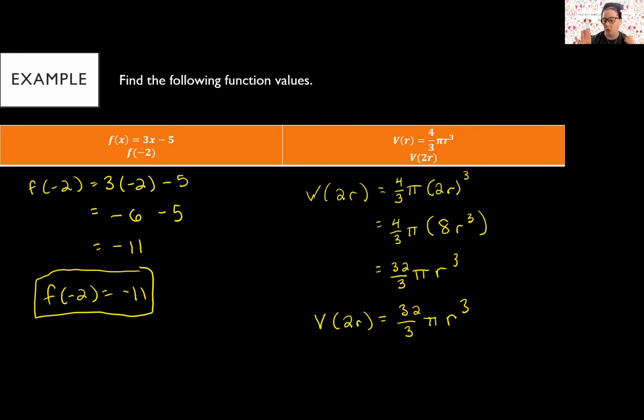What's nice about function notation in this case is that by writing 2r versus r on the left, you know you're getting the output for something that's twice the radius. It tells you specifically what you're plugging in and what volume you're outputting, so you're not losing that information.